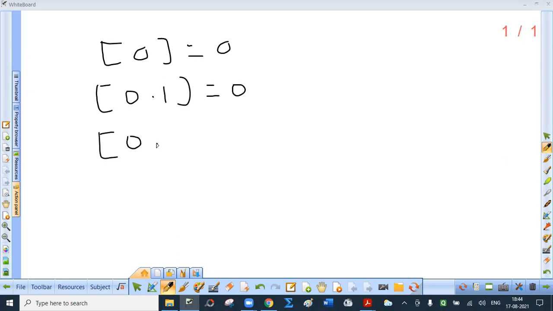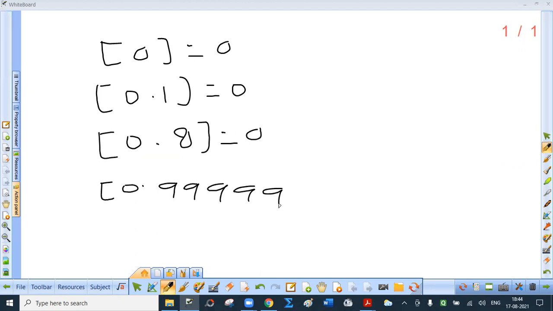The greatest integer not greater than 0.8 is 0. Why is it not 1? Because 1 is greater than 0.8. So the working rule, again the same logic: the nearest integer to the left, that is 0 only. Till what? 0.99999 and so on, it is 0.